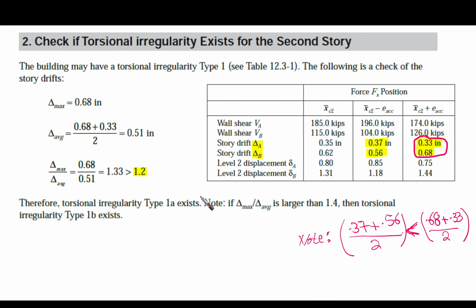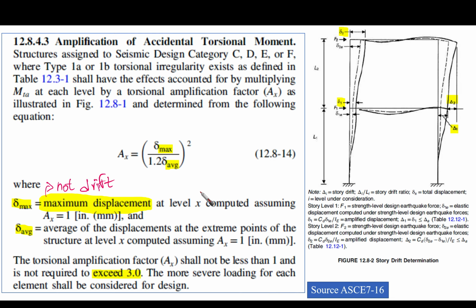Let me show you something here. Yes, something like this. So this is the difference between delta 1, which is the absolute inelastic displacement, and delta 1 and delta 2 here, which is the difference between the two. So delta 1, this is 0 here, and we have some movement here, so this is delta 1.